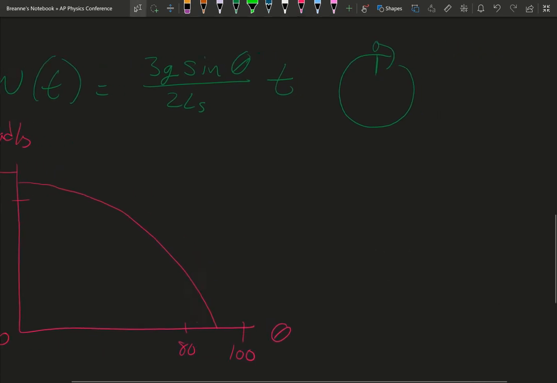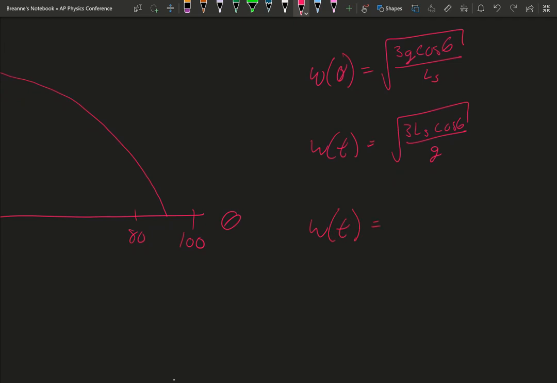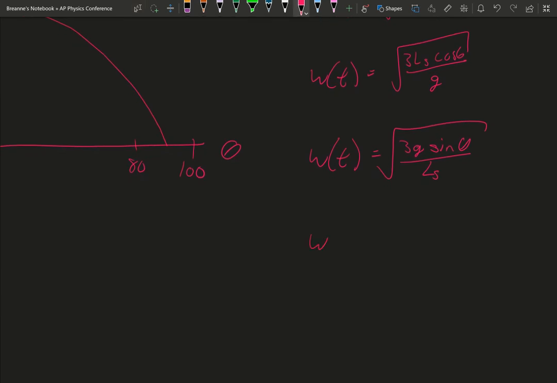And it gives you our different equations. Omega of theta equals the square root of 3g cosine theta over ls, or it gives you the square root of 3ls cosine theta over g, or it gives you the square root of 3g sine theta over ls, or it gives you the square root of 3ls sine theta over g.